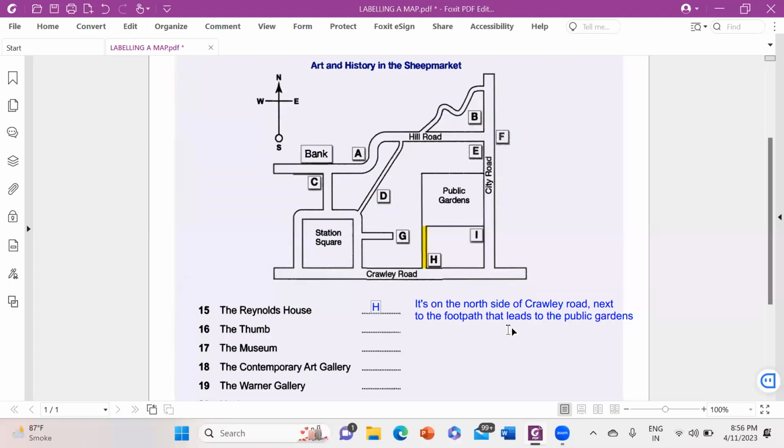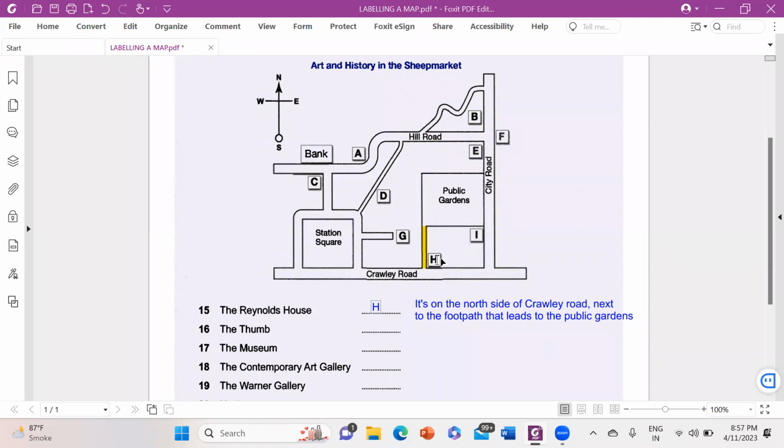Now, many people got confused when they heard "that leads to the public gardens." Here, that just means this footpath leads to the public gardens. But where is the Reynolds house? It is next to the footpath. We don't care where this footpath is leading to. It is leading to the public gardens, that's okay.